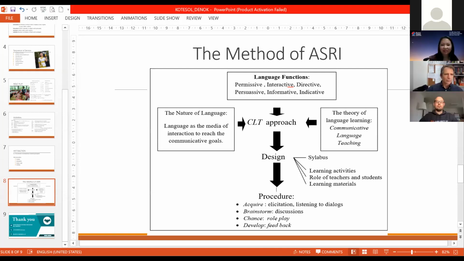Well, the case in Bali, we all agree with communicative language teaching, and all my teachers are using this. Because this is a vocational school, we do not force our students with grammar teaching or translation teaching.